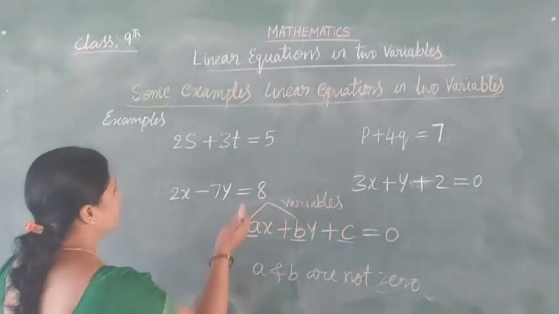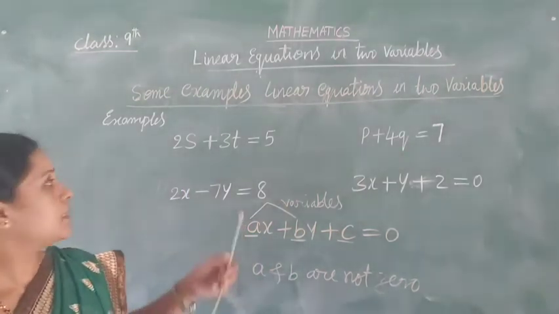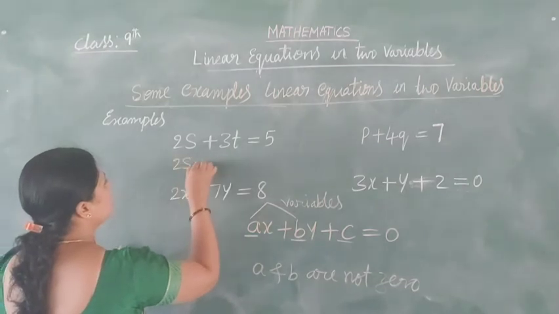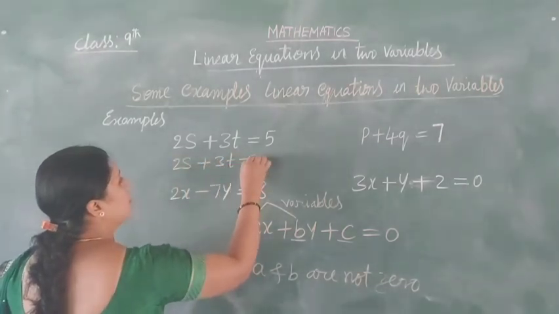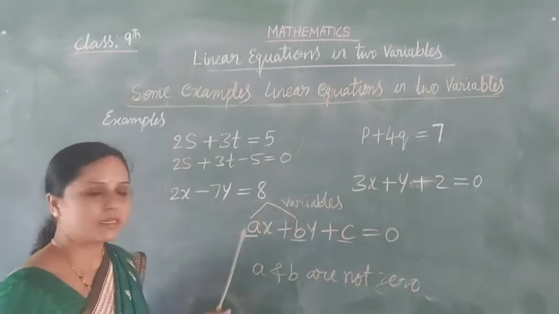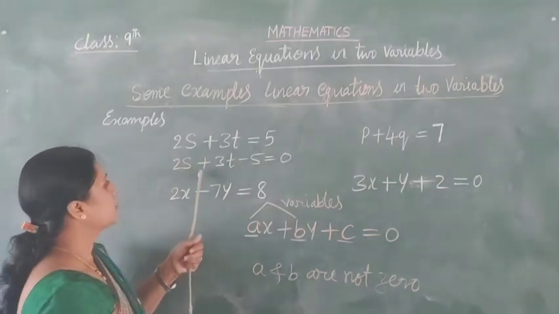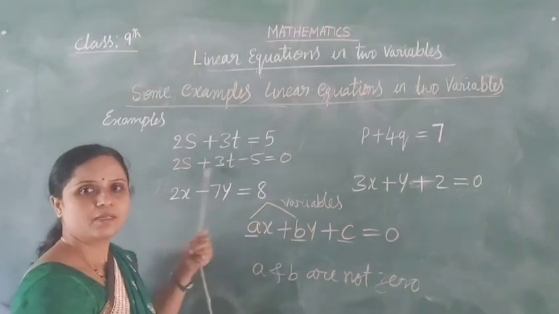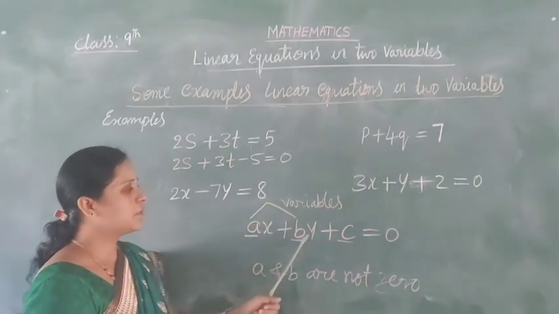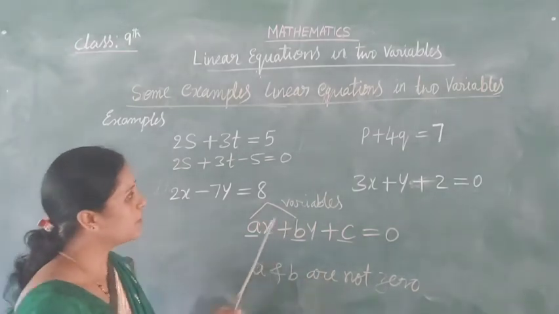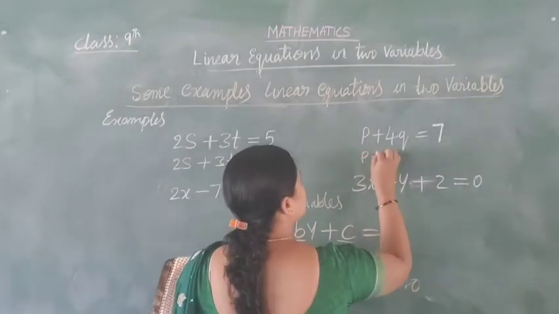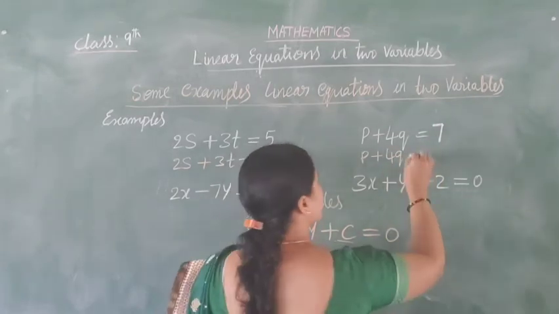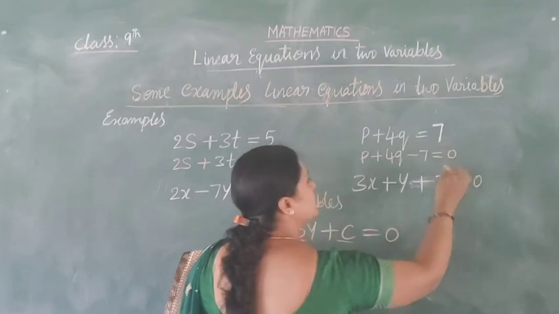Students, you can make it a general form. So you write 2s plus 3t minus 5 equal to 0. Yes, look at this one: ax plus by plus c equal to 0. So it can be written in the form ax plus by plus c equal to 0. Similarly you can write p plus 4q, this 7 comes inside, you put it as minus 7 equal to 0.